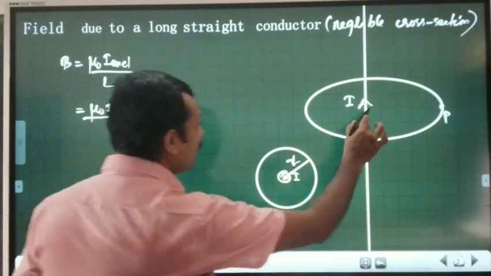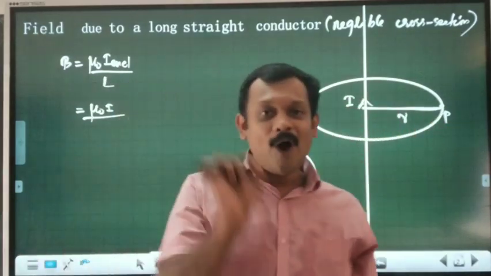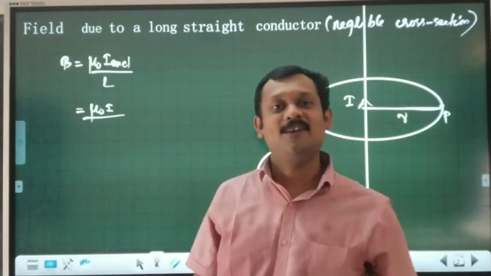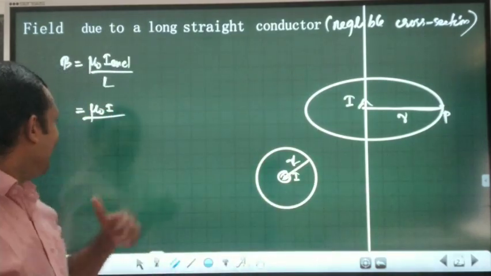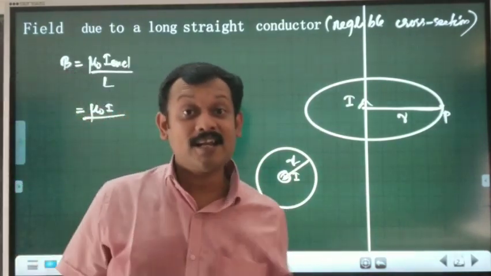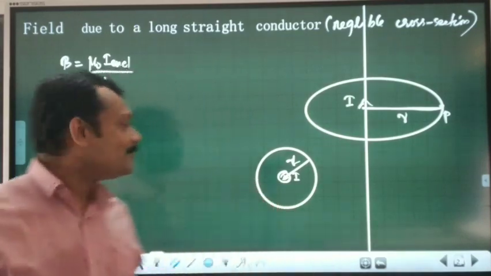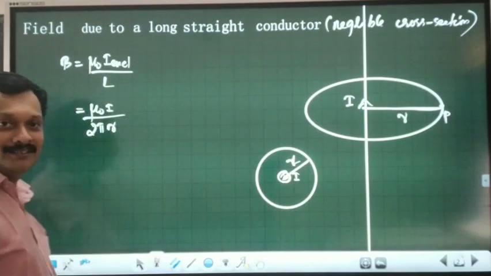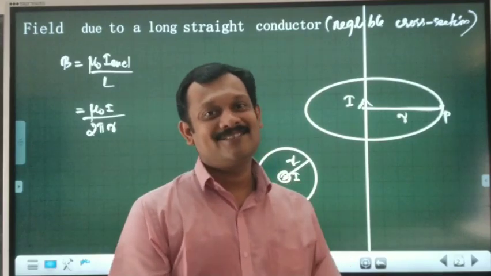This radius I have taken, this perpendicular distance, is r. What is the length of the Amperian loop? Come on, what is the length of the Amperian loop? The length of the Amperian loop is 2 pi into small r. Ready?